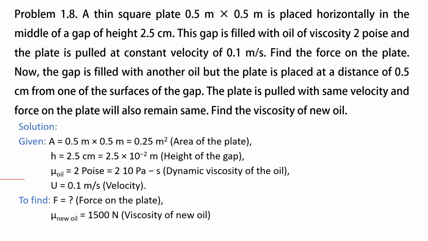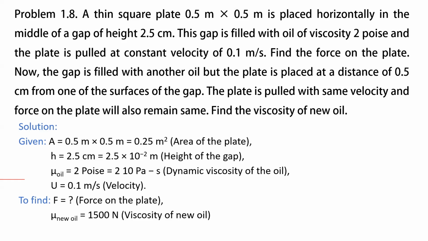The plate is pulled at a constant velocity of 0.1 meter per second. Find the force on the plate. So we have to find F, the force on the plate.